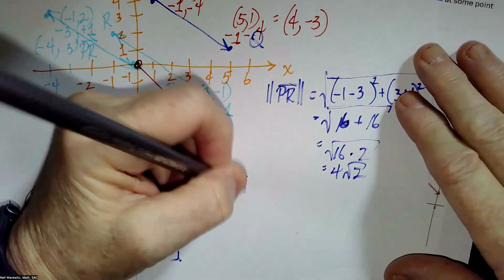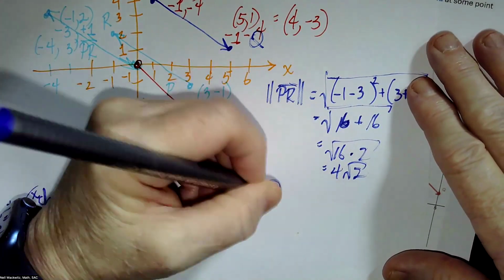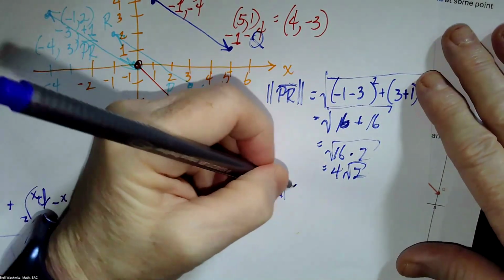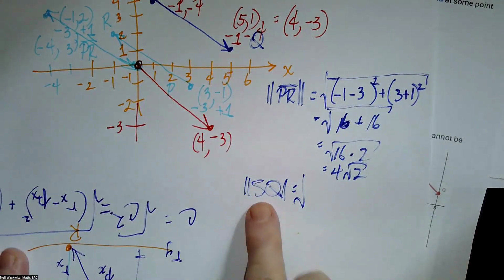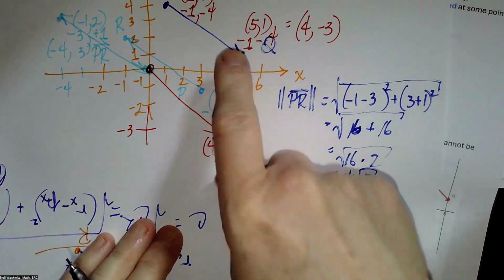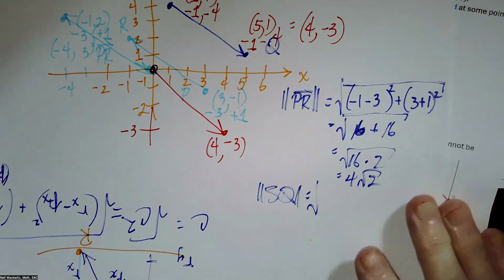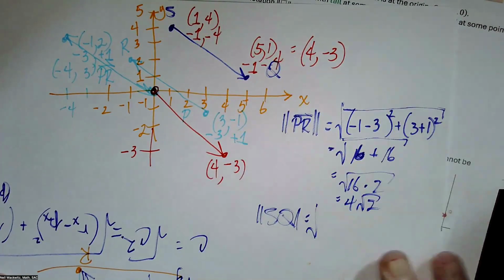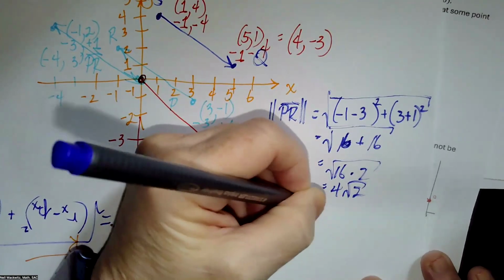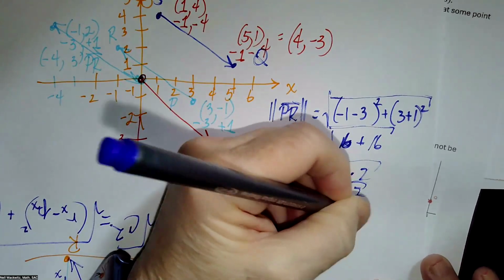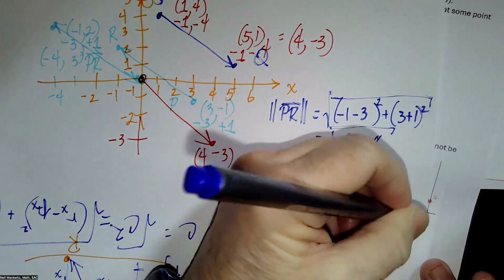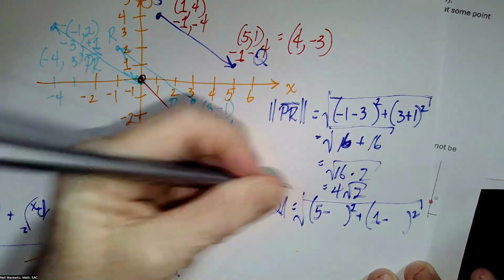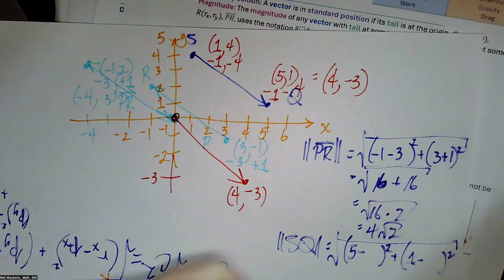And now let's find SQ. Let's see. It ends in Q, so let's write down Q first. Q was 5, 1, and S was 1, 4.